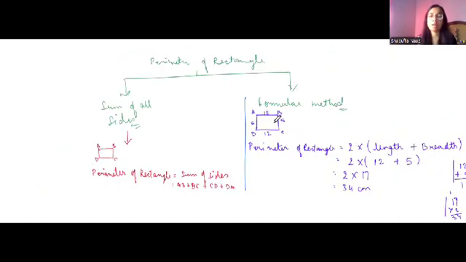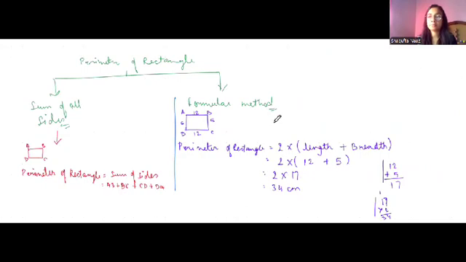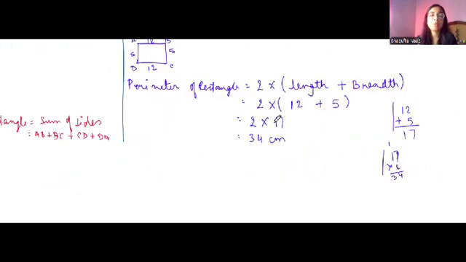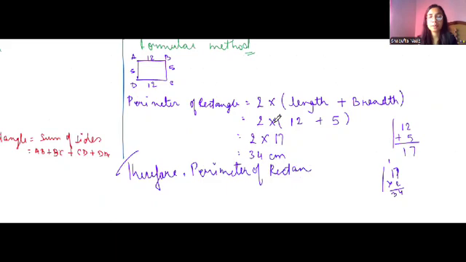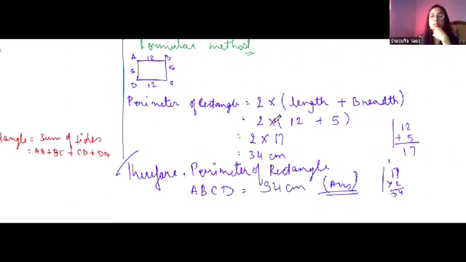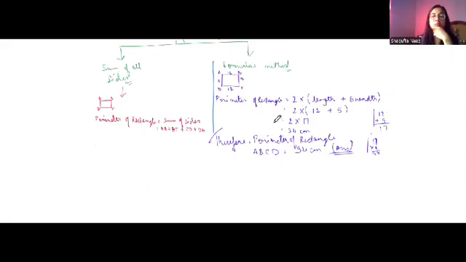Therefore, for the final answer, the perimeter of rectangle ABCD equals 34 centimeter. Clear? So this is all about perimeter that we have learned so far.